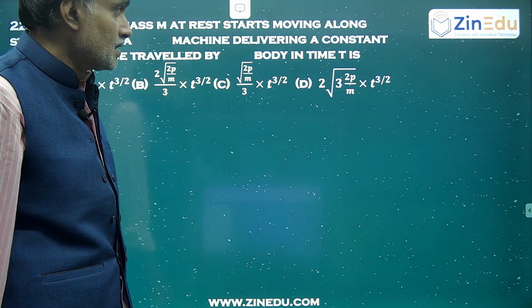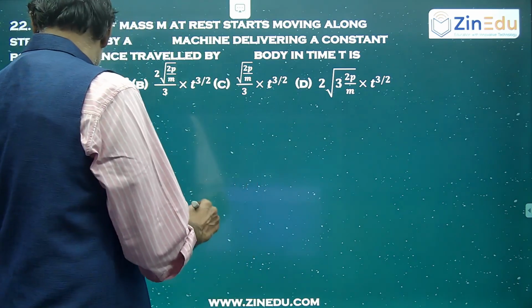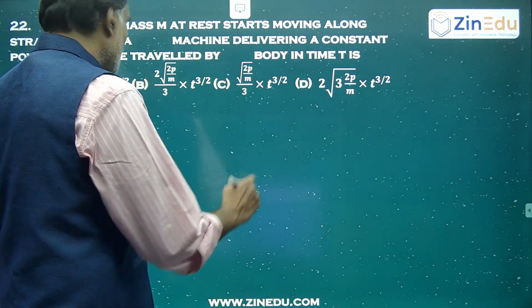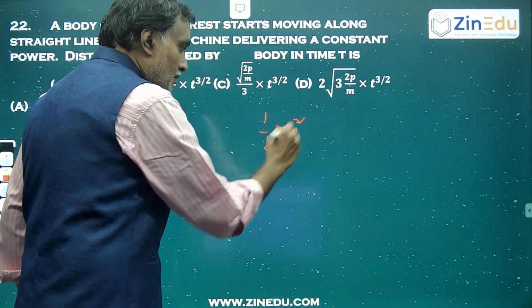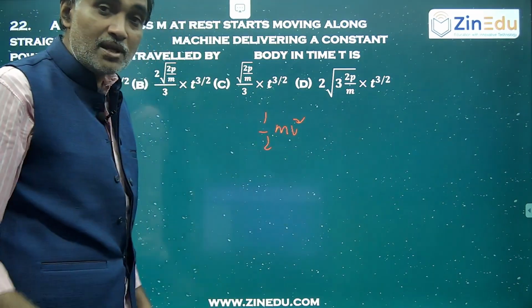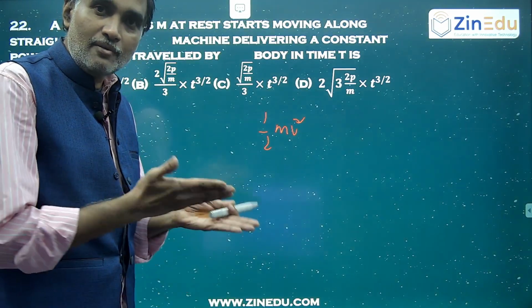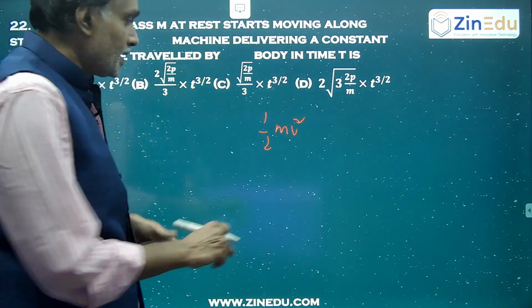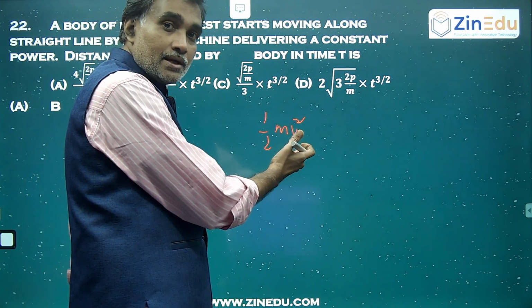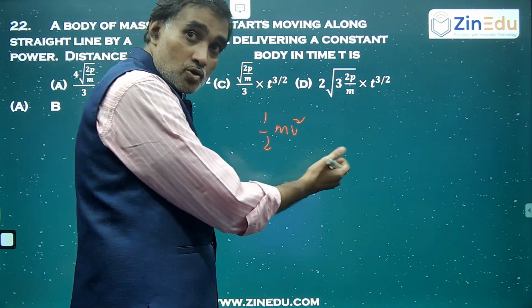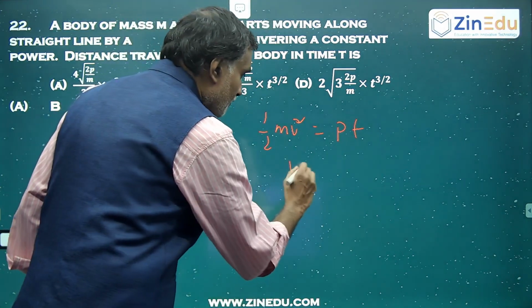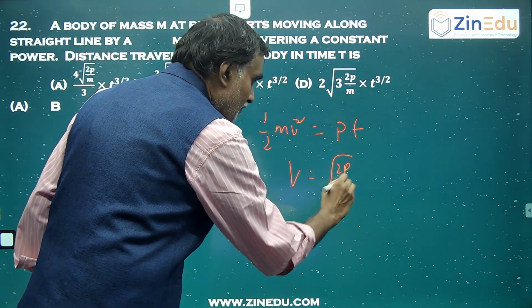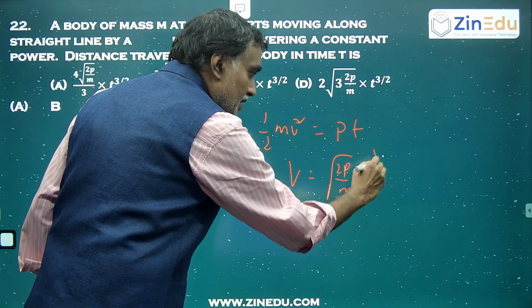Then kinetic energy is half mv square, and half mv square by time is equal to power. If power is constant, power into time will be the work done in time t. So work done is nothing but the change in kinetic energy. Initial kinetic energy is 0. Half mv square equals p t. Then what is v? Root of 2p by m into t to the power of half.